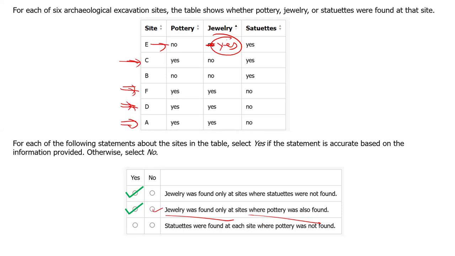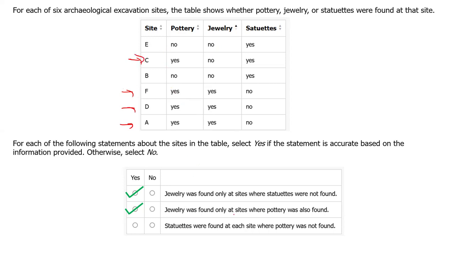So had this been a yes in the original table, then the answer would have been no to this question. But right now, let's again read the question. Jewelry was found only at sites where pottery was also found. So pottery was found here, and yes, jewelry was found at only those.